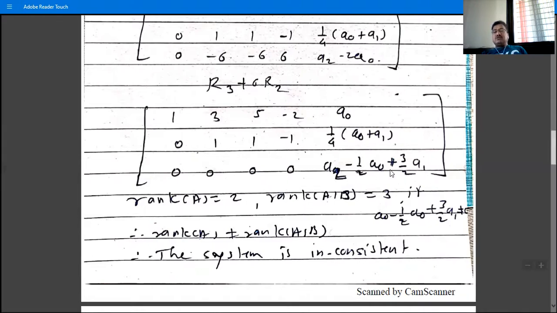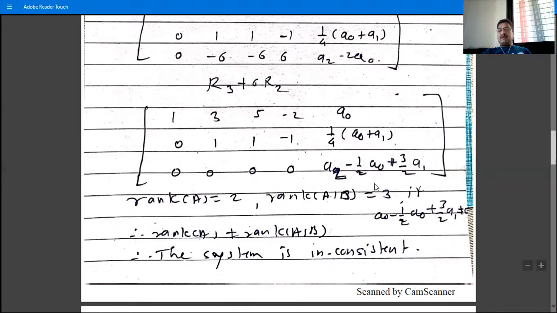So this is a non-zero quantity, and if it is not equal to 0, then the rank of [A | B] is 3.